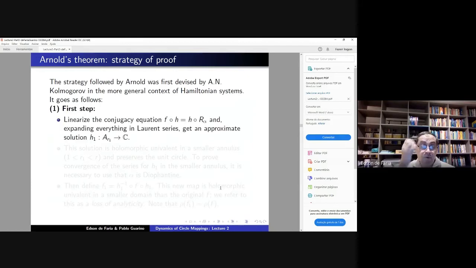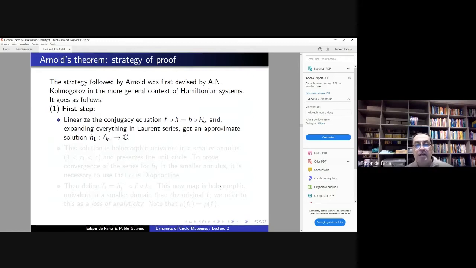So the first step is, you have this nonlinear equation, f composed with h is equal to h composed with r alpha. That's a very, very nonlinear equation in h, right? So you try to first linearize the equation. You linearize the equation by assuming that f is close to a rotation, so you write f equals the rotation plus a small perturbation.